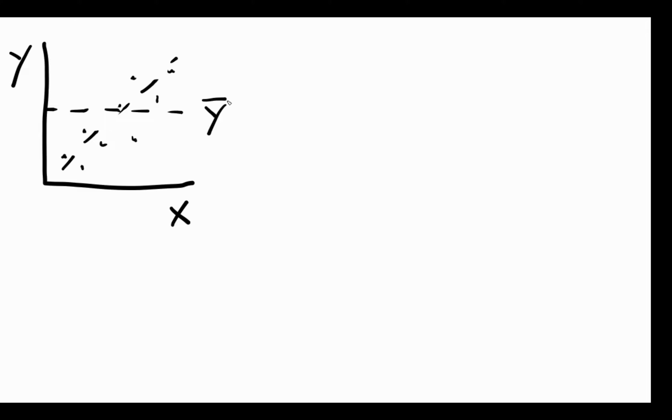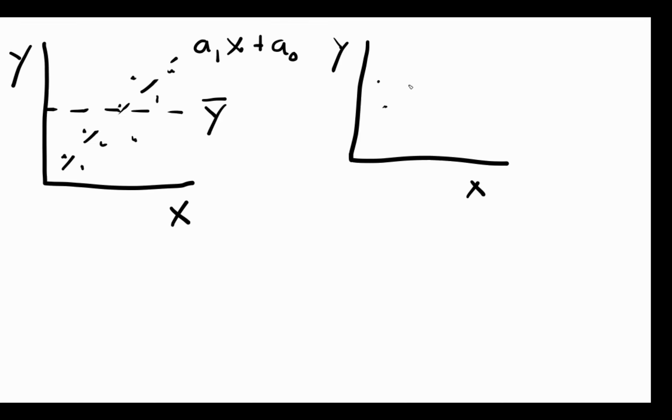Is it simply the mean, y bar, or is it the linear fit that we've developed, which, if you recall, is a1 x plus a naught? If you think about this situation relative to this situation, where the data are scattered around the mean regardless of x, clearly over here, the line does a better job of describing the data than the mean of y does.